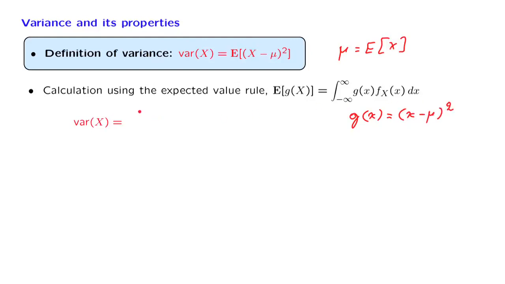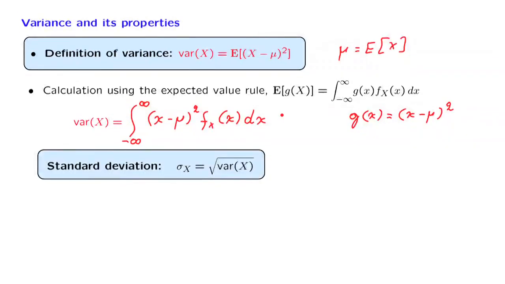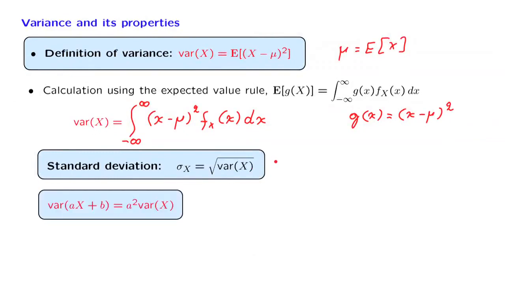So by applying the expected value rule, we obtain the integral from minus infinity to infinity of the function g of x, weighted according to the density, and then we carry out the integration.